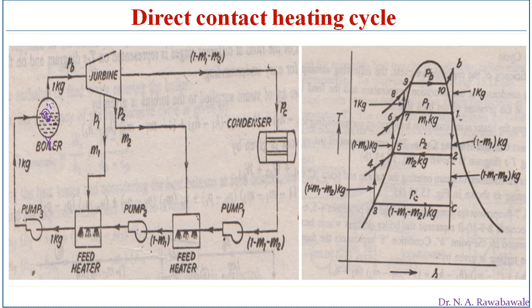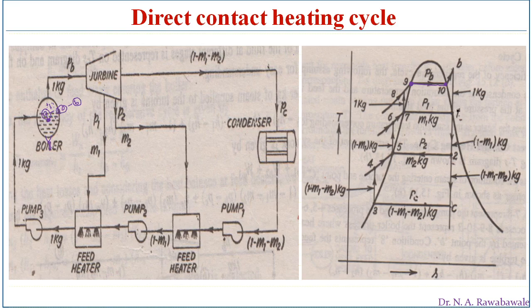By absorbing latent heat of vaporization at point 9, water gets converted into dry saturated steam. So from 9 to 10 in the boiler itself, it absorbs latent heat of vaporization, and from 10 to point B also, it absorbs enthalpy to become a superheated steam.